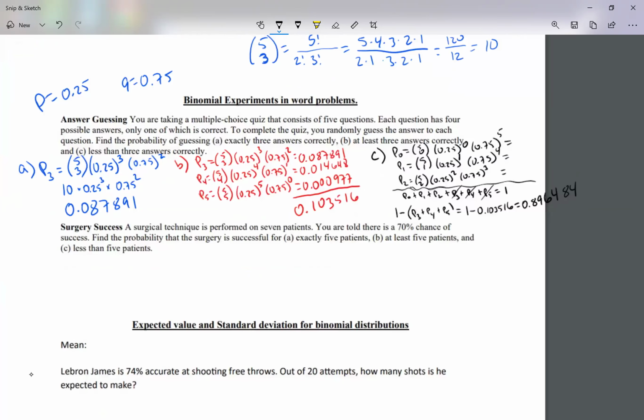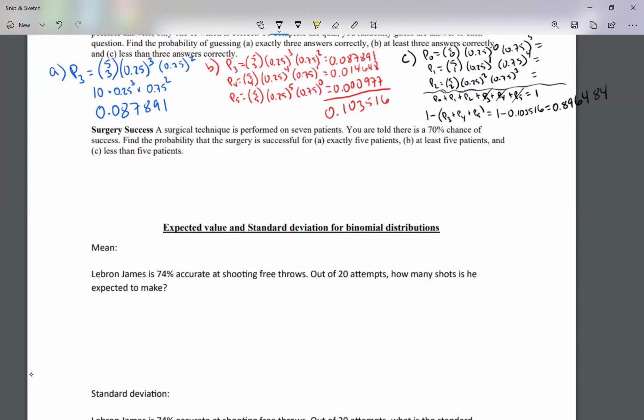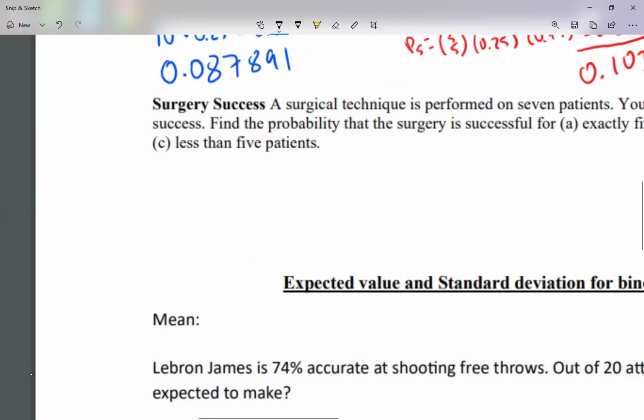Okay, now about a surgery. Let's take a look at here. There's a surgical technique. It's performed on 7 patients. Now you are told there's a 70% chance of success. Ooh, okay. Let me write some information here. I'm going to say my p-value is 0.7, or you can call it 0.70.